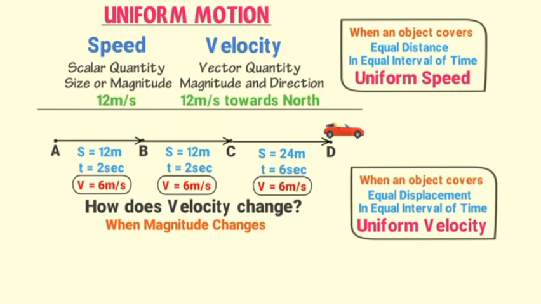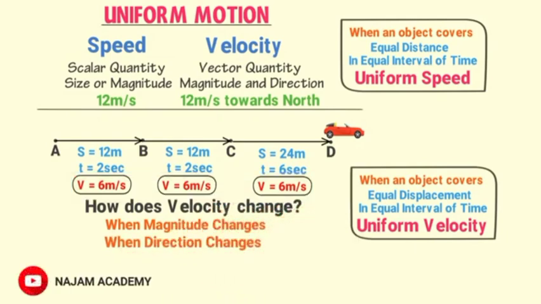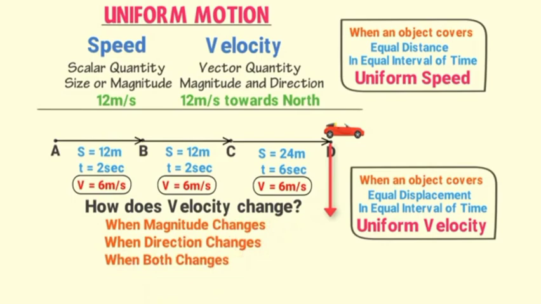For example, consider that suddenly the velocity of the car changes from 6 meter per second to 30 meter per second. Secondly, if the direction of velocity changes, we say that the velocity changes. For example, the car takes a turn and starts moving in a direction other than this direction. Thirdly, when both magnitude and direction of velocity change, then we say velocity changes.